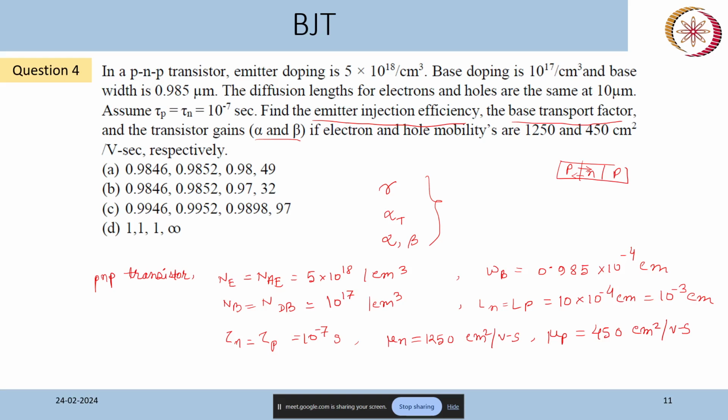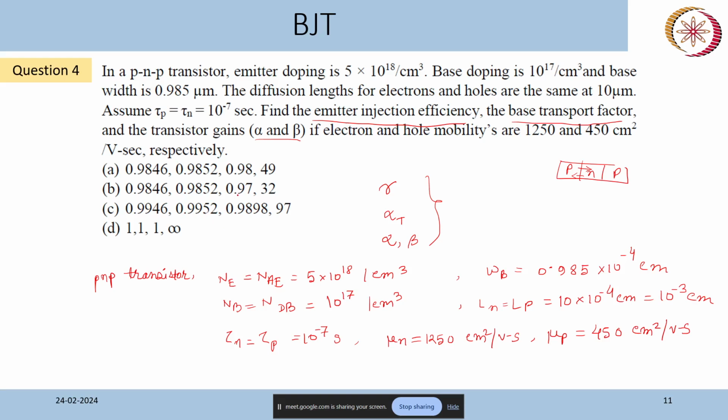Let me see if those are in the question. So maybe if we use the exact values, but yeah, 0.995.